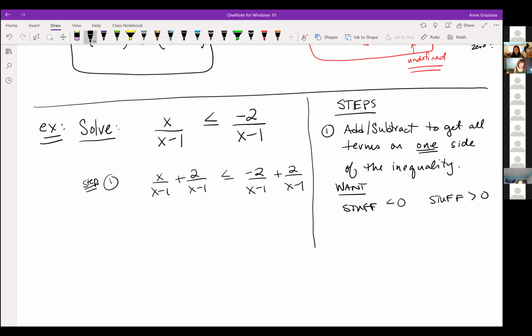And what is that going to give me? Well, these are the same denominators, so I can just put these together over x minus 1. And on the right side, negative 2 plus 2 is just going to be 0. Is everybody okay with that? Everybody see how we did that? I got 0 on the right side.